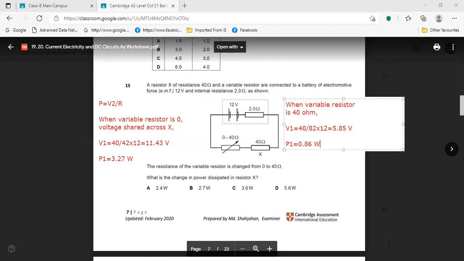Then if you do the subtraction, what comes? It is close to 2.4. The answer is 2.4.